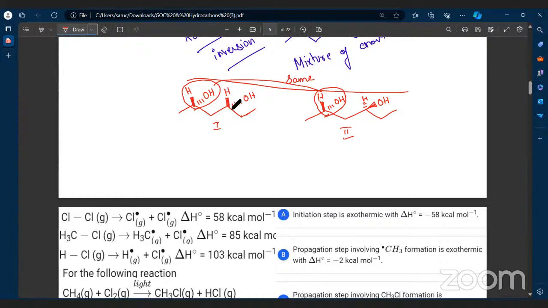Here the hydrogen has a wedge bond, and here the hydrogen has a dash bond. Therefore, they will have a different configuration. If one has a different configuration, are they enantiomers or diastereomers?